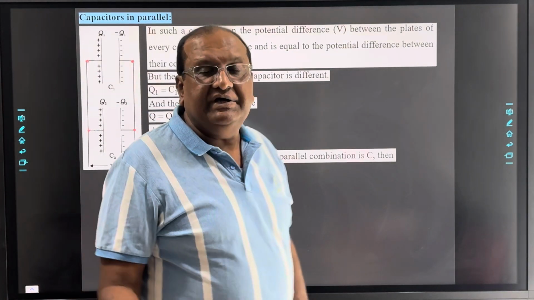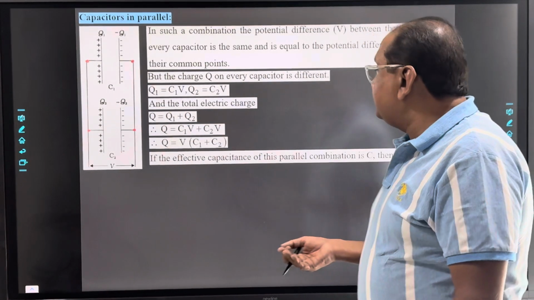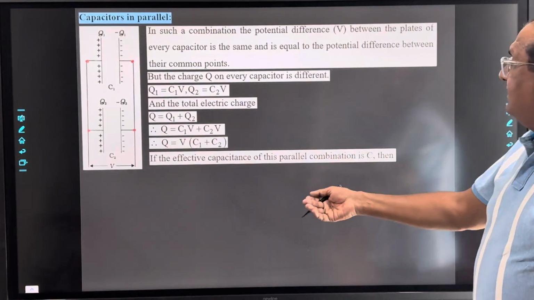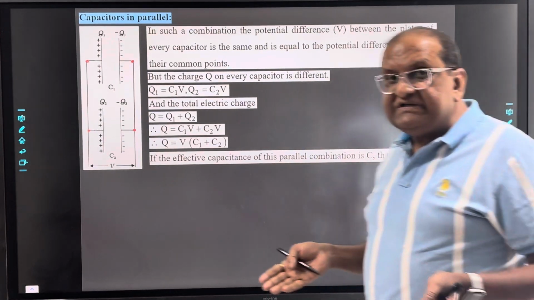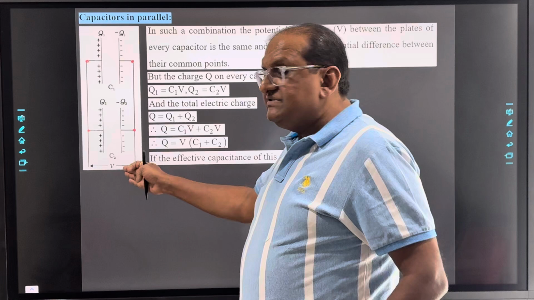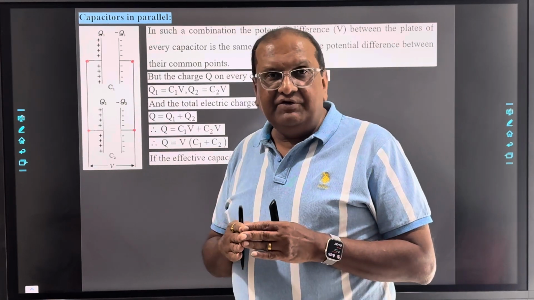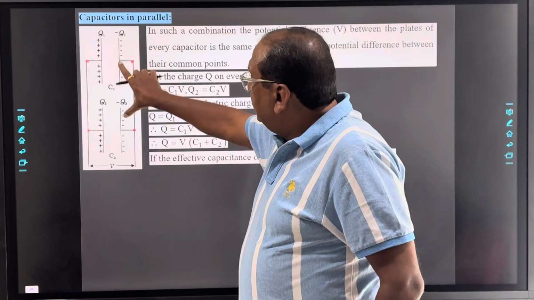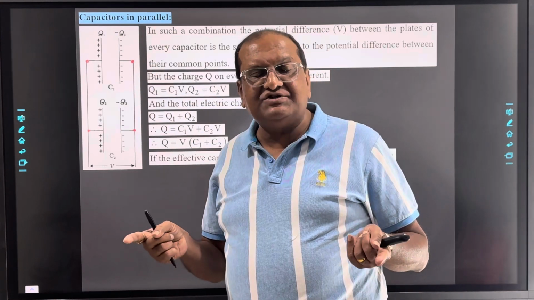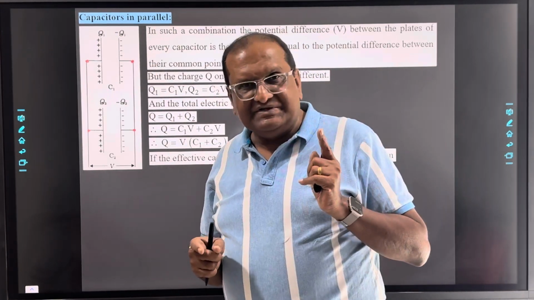Now suppose here the effective capacitance for this parallel combination is C. Effective capacitance means the same supply will give you the same amount of charge if this combination is replaced by only one capacitor.